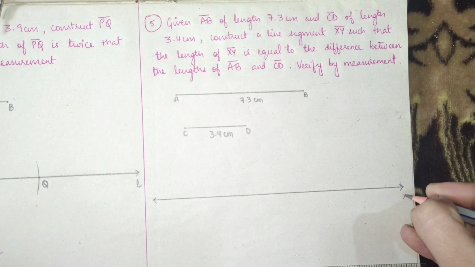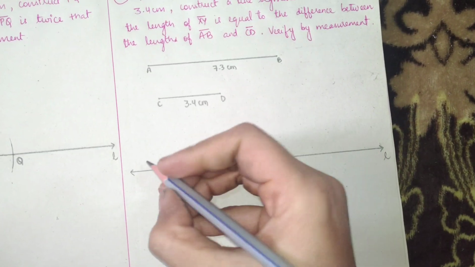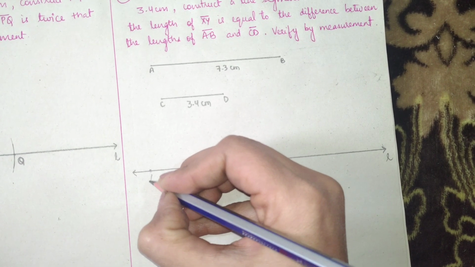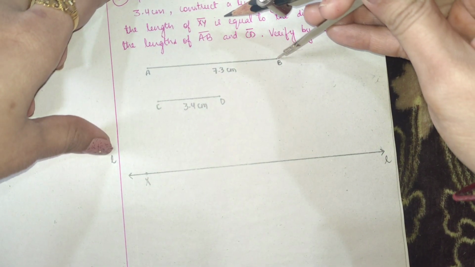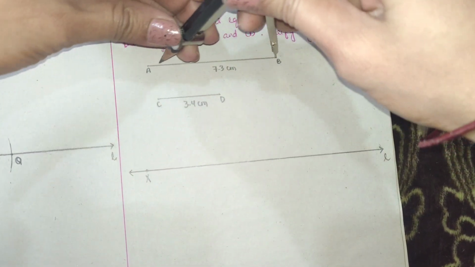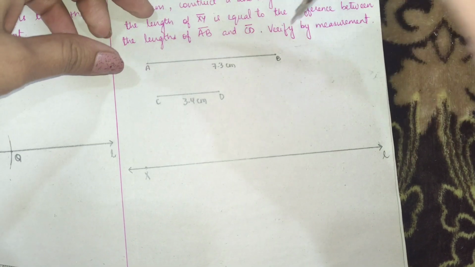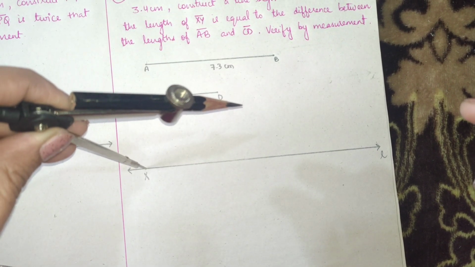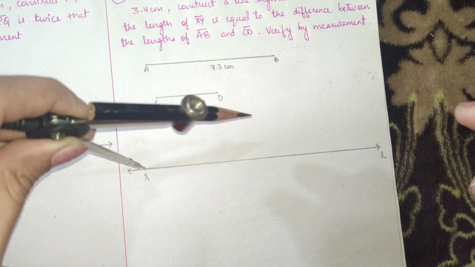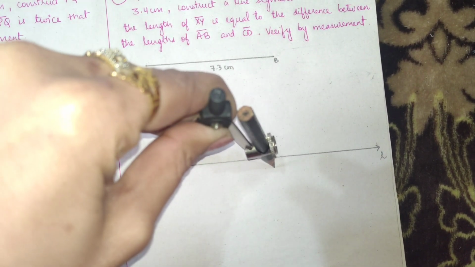So I'll take the same letter L. You can take any letter if you want. And then we'll start with X here. And then you need to measure AB. We'll measure AB like this. This here is AB. We'll keep our pointer at X and we'll draw an arc like this.